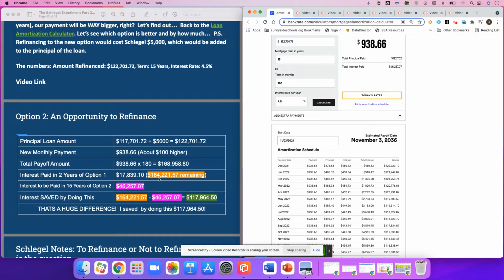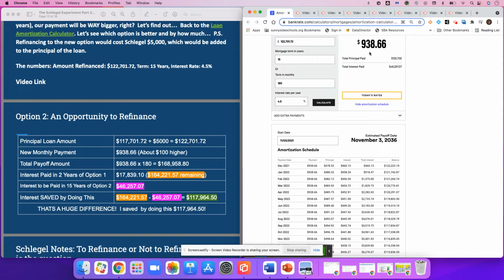That's about $168,000 compared to 302. That's about $134,000 less that I would pay to buy the exact same home in 15 years than if I was to pay for the same home in 30 years. And the monthly payment is only $100 more.